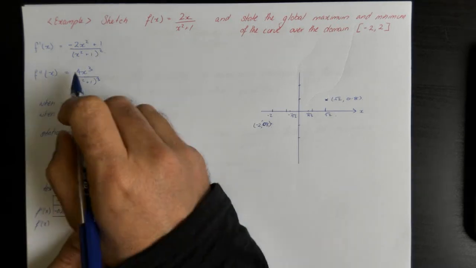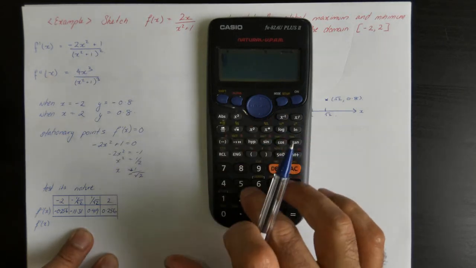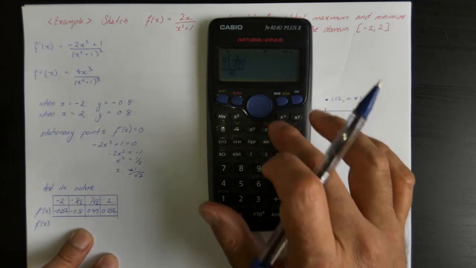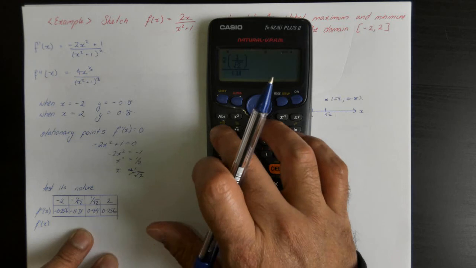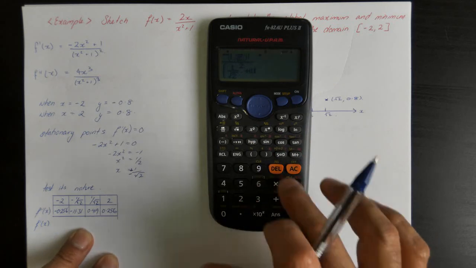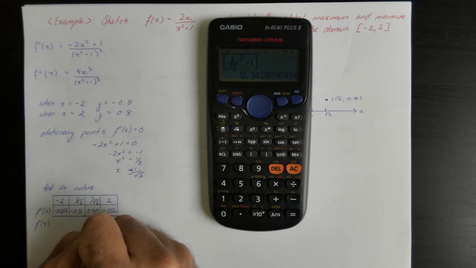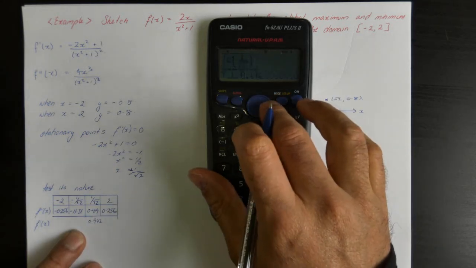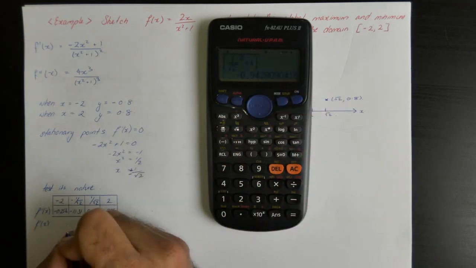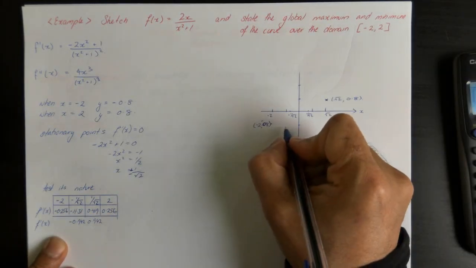Okay, so if I wanted to find these values, plugging this back into the original function, I get 2 lots of 1 over root 2 over 1 over root 2 squared plus 1, something like 0.942, and -0.942.